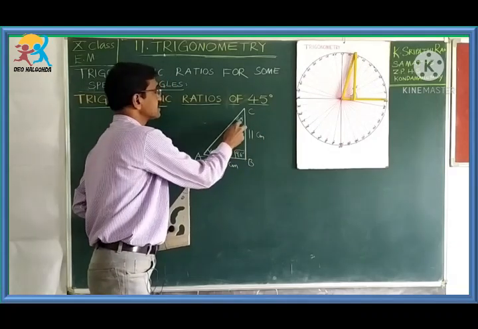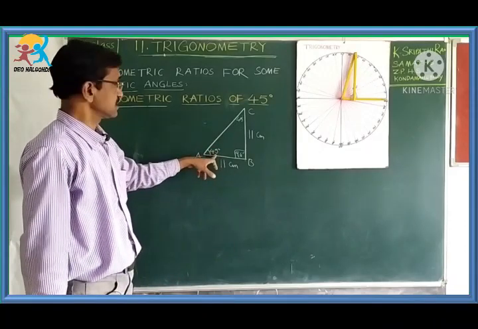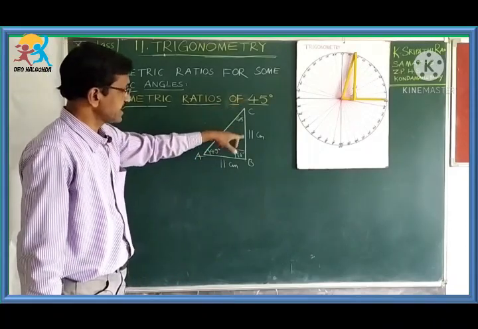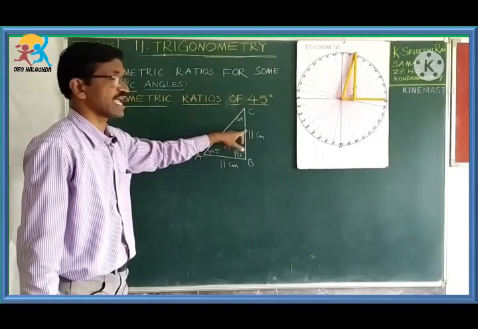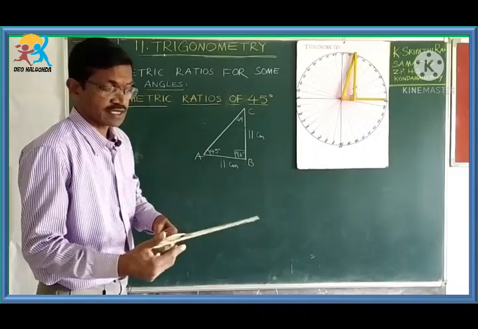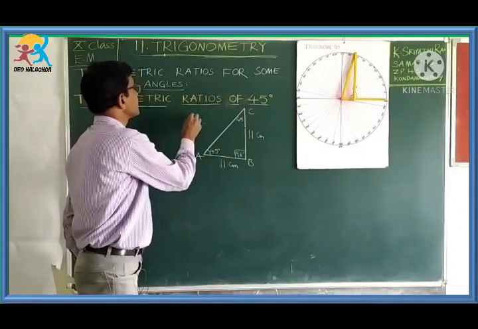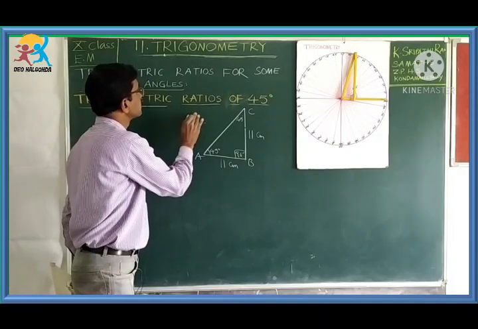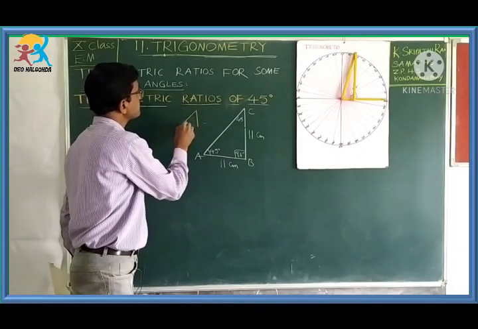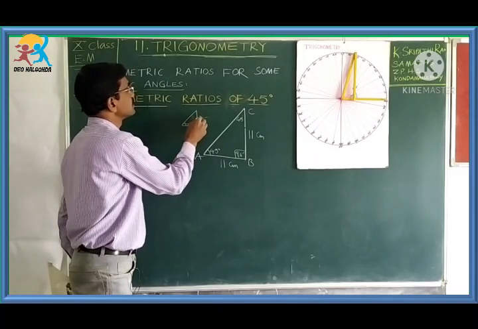When the angle of the triangle is 45 degrees, here also 45 degrees, we get a right angled isosceles triangle. If you take a big triangle or small triangle, if you take 45 degrees here, you will get the same length of the sides, which make 90 degrees.